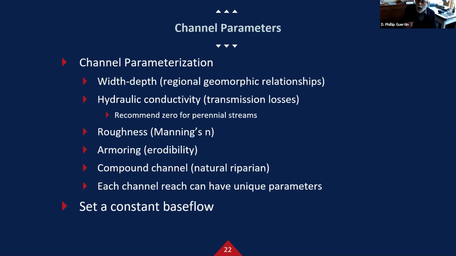So then you would be modeling runoff on top of the base flow. That would be a constant that you would actually define. But again, you can have a different constant for each channel reach. I think that's it.